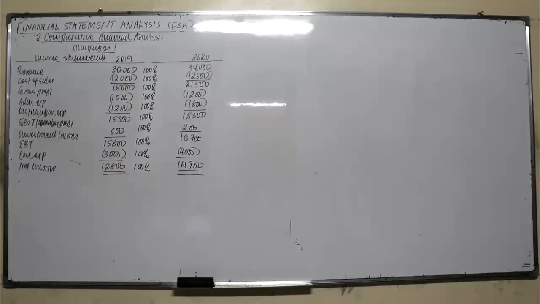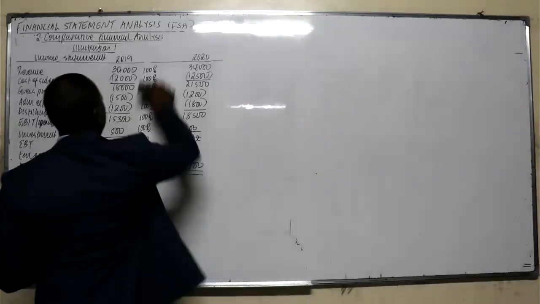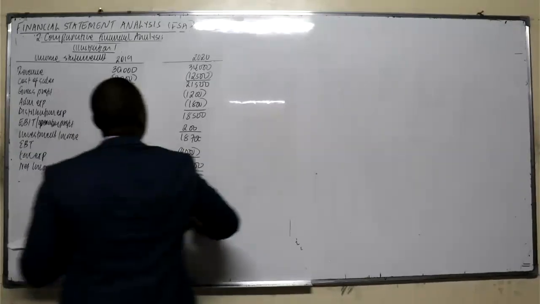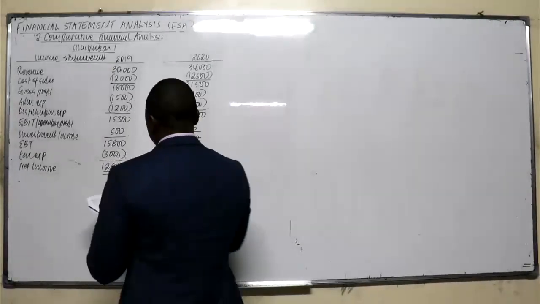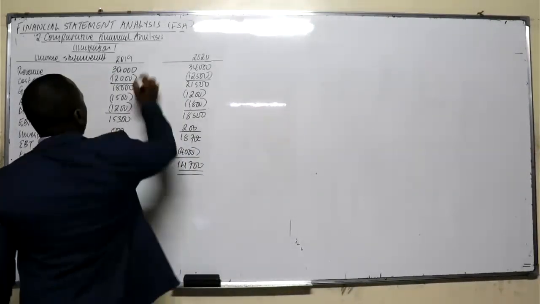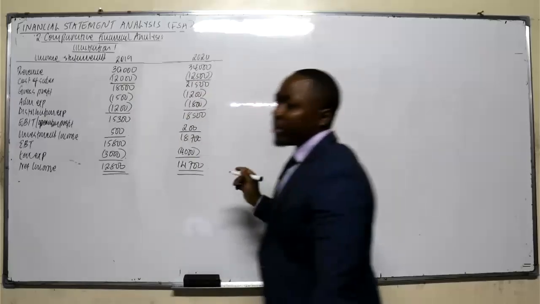And we have an illustration there. Consider the following financial statement for Everbs Limited and prepare a comparative income statement for year 2019 and 2020. So we have the same information here. Here we are concerned about the change. So how do you get the normal percentage change?